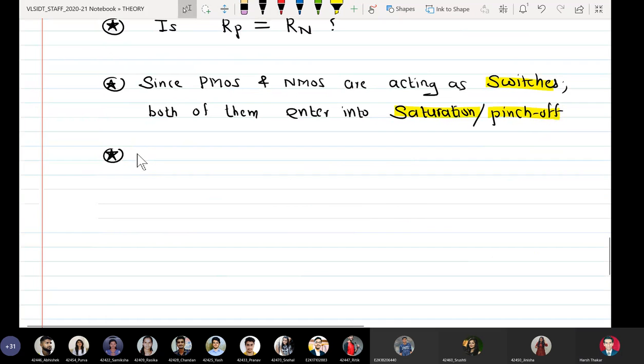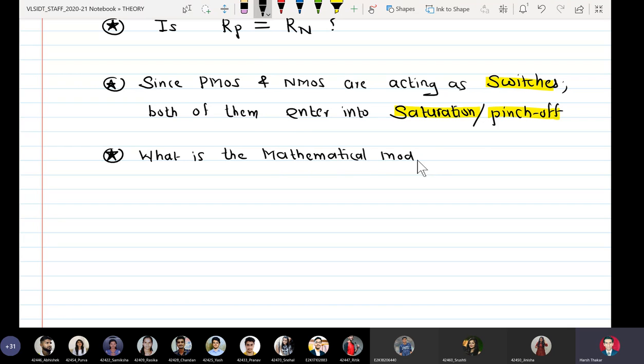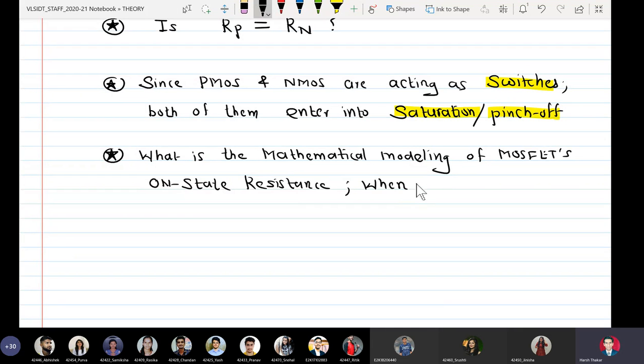The question is, what is the mathematical modeling of the MOSFET's on-state resistance when in saturation?